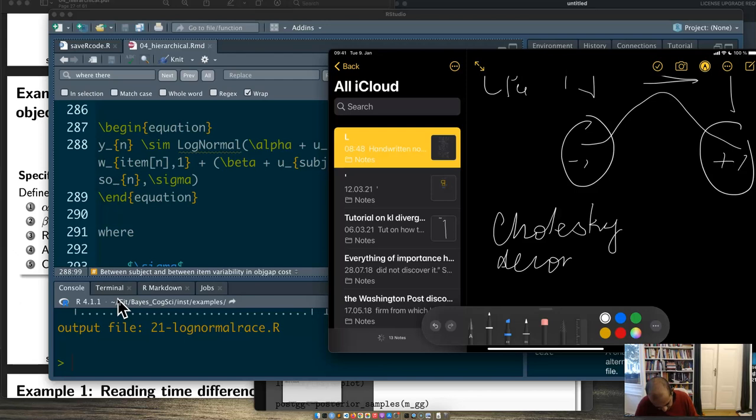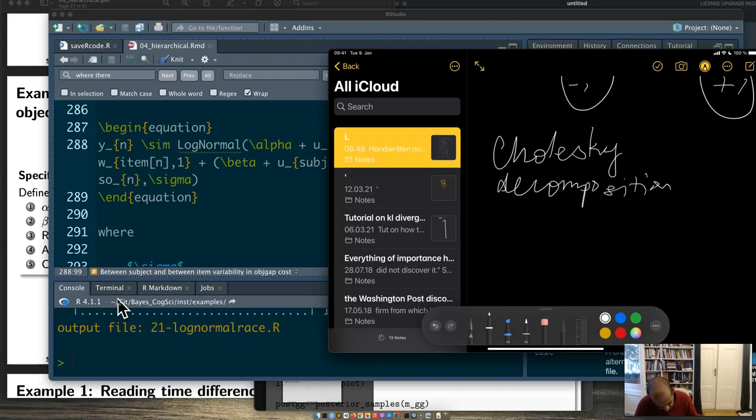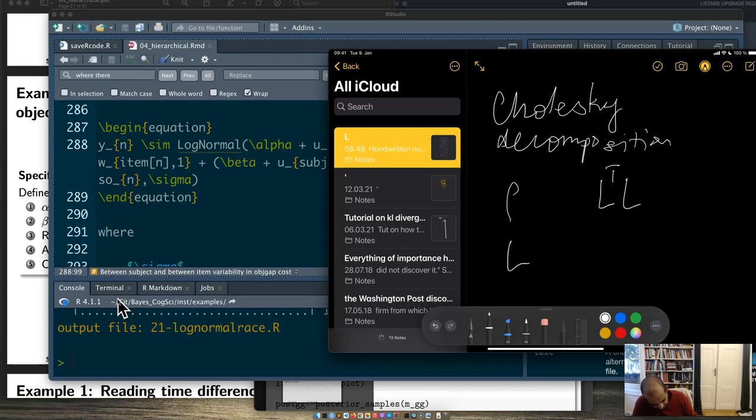decomposition, right? So what one does is that you take a correlation matrix, call it rho. You basically compute the square root of the matrix. It's written L historically, and then you define a prior on the square root of the correlation matrix, and that LKJ prior is actually defined on that.